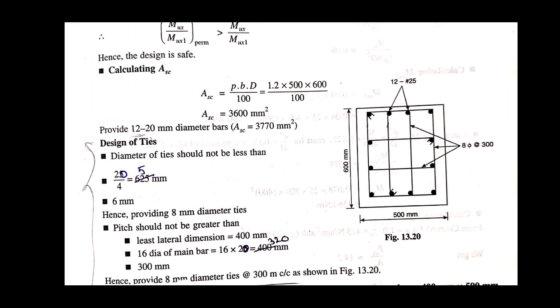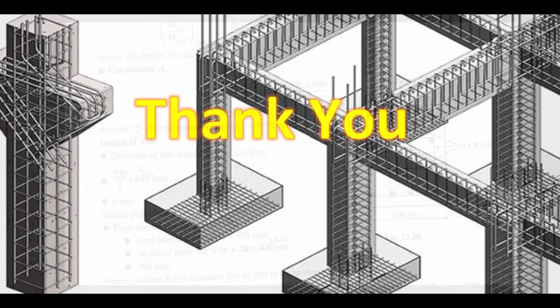The pitch should not be greater than the least lateral dimension, that is 400 mm, 16 times the diameter of the main bar, that means 16 into 20, that is equal to 320 mm, and 300 mm. So we provide here 8 mm diameter ties at the rate of 300 mm center to center as shown in the figure. Here is the figure. Thank you.